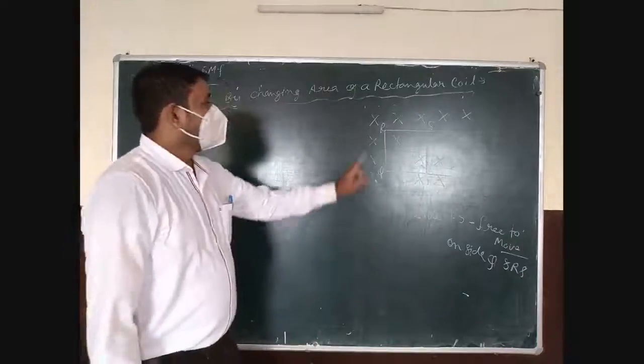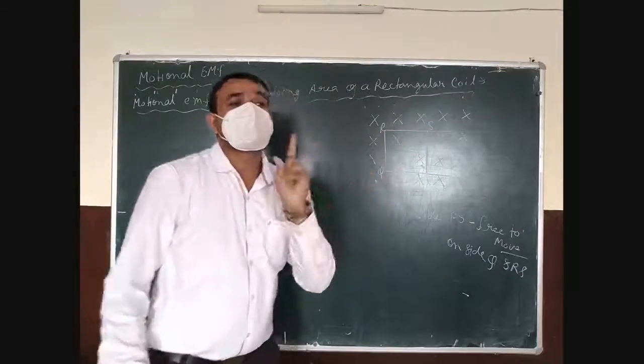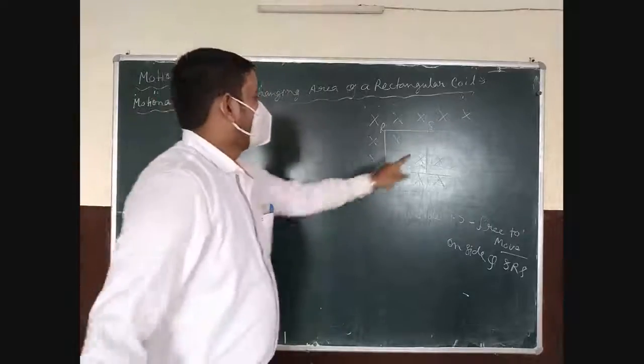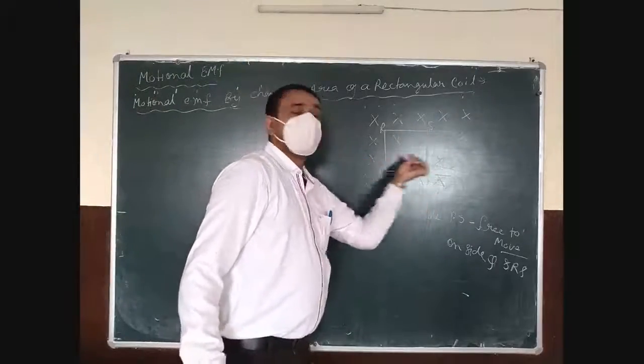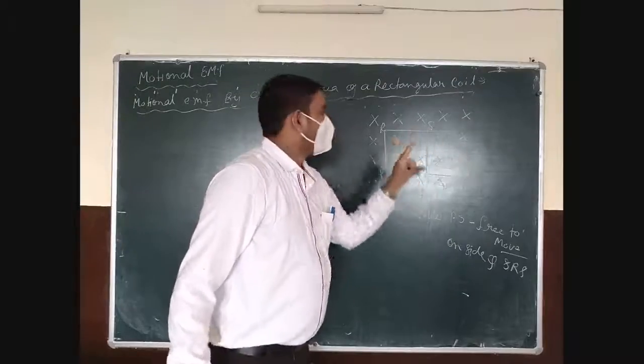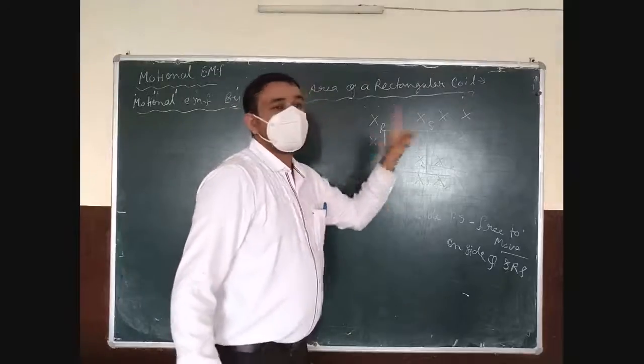Here we can use PQ and RS as the rails of side PS, on which it is free to move, or we can say the frictionless rails PQ and RS.